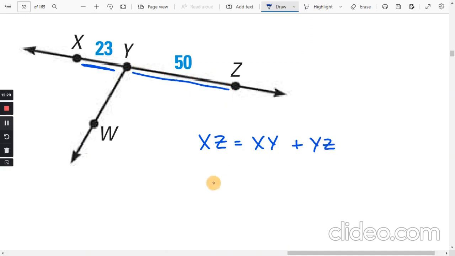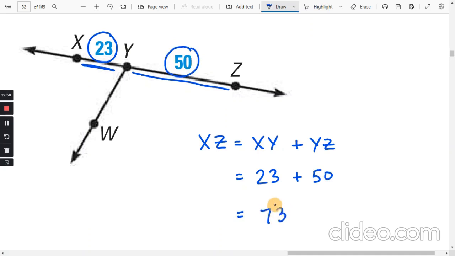So XZ is going to equal XY, which you can see is 23, and YZ, which you can see is 50. So 23 plus 50 is just 73.